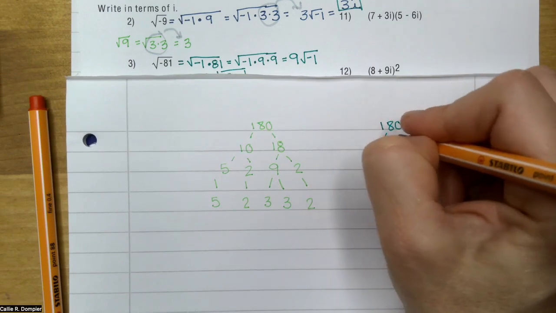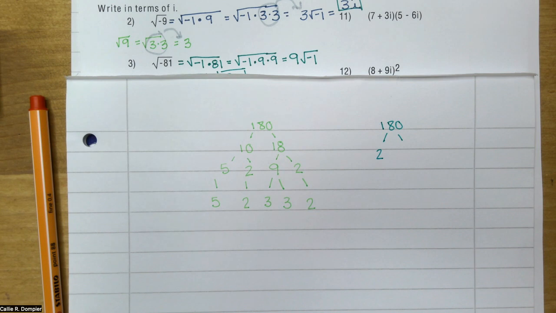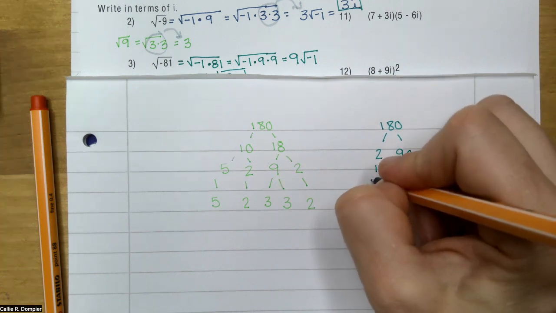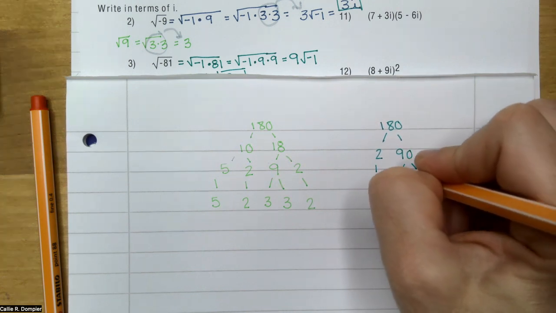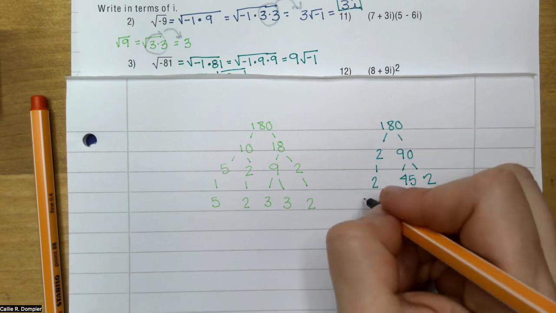So 180, you can just say 180 divided by 2 is 90. 2 stays the same. 90 divided by 2 is 45. So 90 becomes 45 times 2.